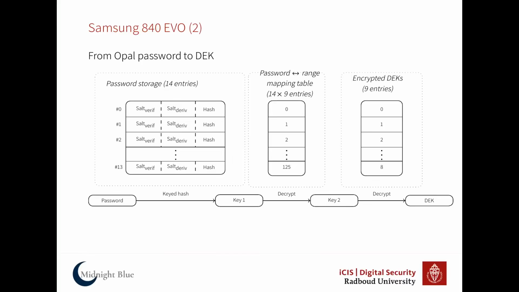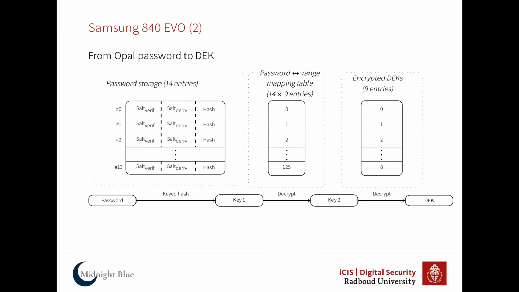And that key is used to decrypt an entry in a table. That table is 14 times 9 entries wide. So for every 14 credentials, it has an entry for all the 9 ranges that are possible. It takes that one entry and uses it to decrypt that entry. With that, you get another key, which is then used to decrypt an entry in this encrypted disk encryption key table.